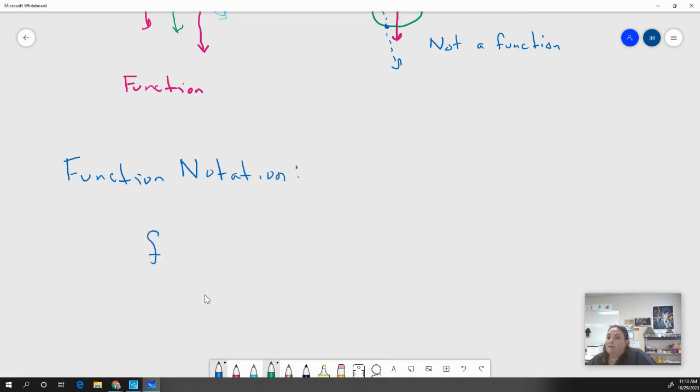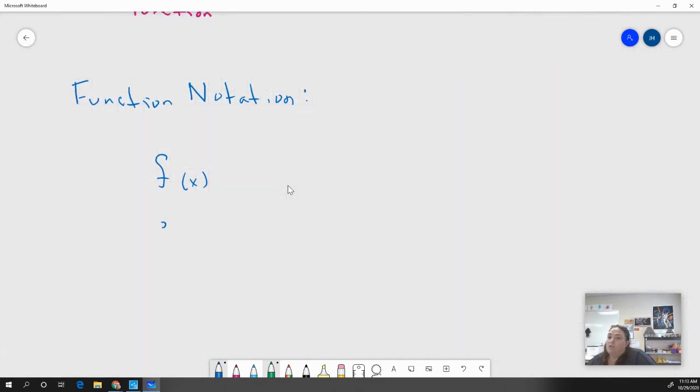You see f of x, or you might see g of x, or h of x. All this is a notation. It's the name of the function.